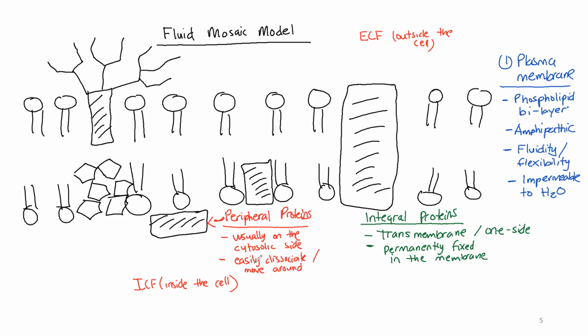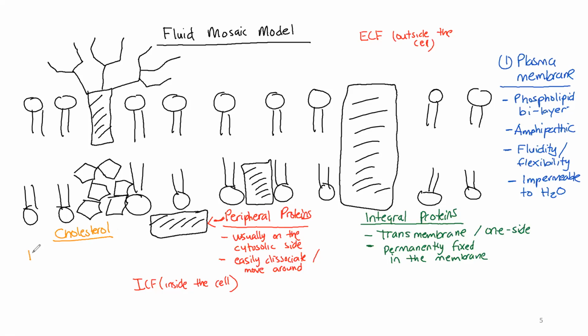Okay. All right. Let's look at the next structure here, which is cholesterol. Cholesterol, which are these ringed fat substances in the membrane, also plays a really important function in terms of the fluidity of the membrane.